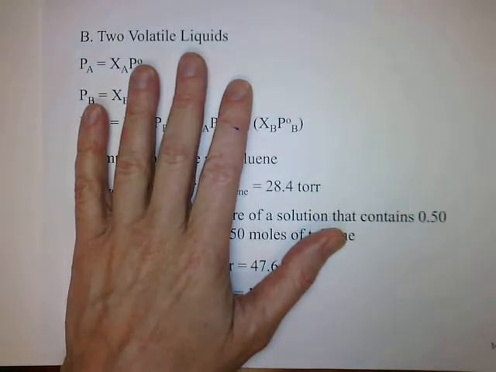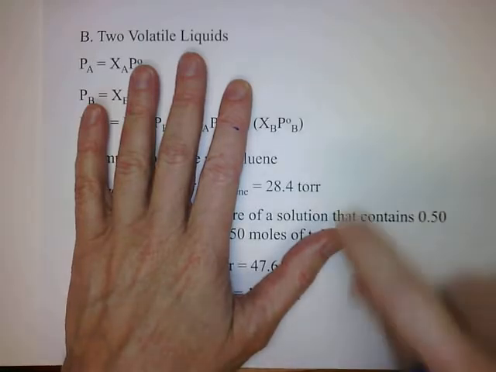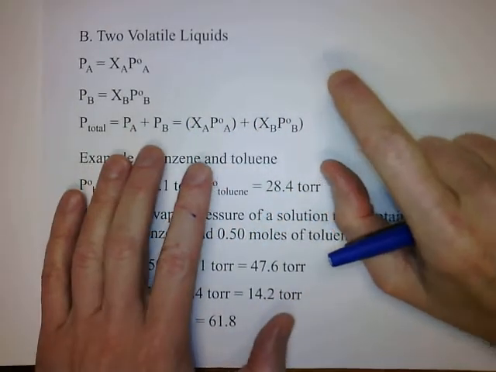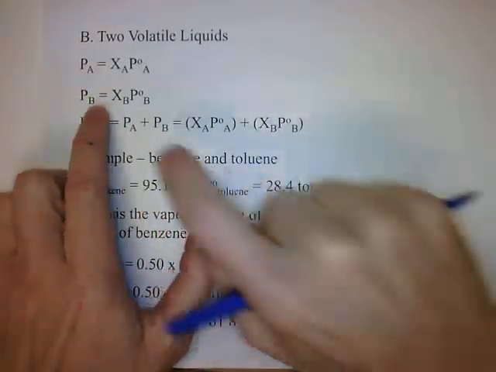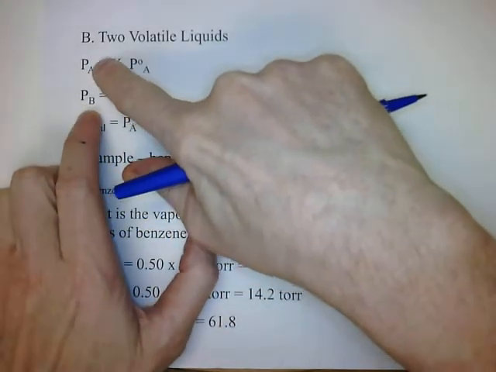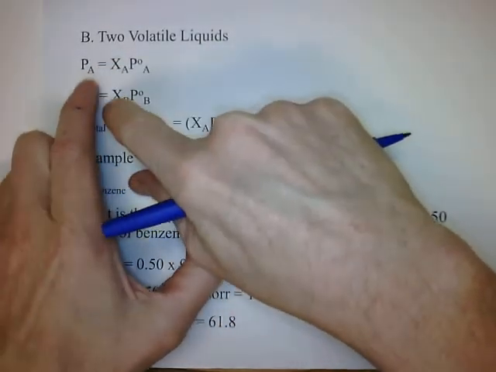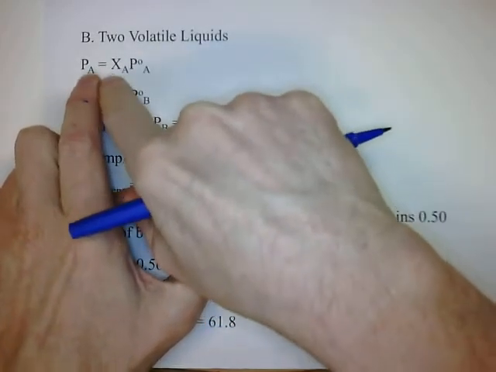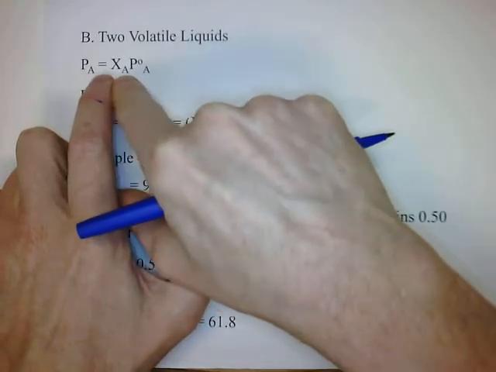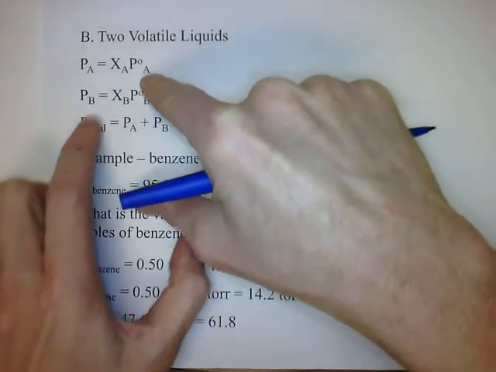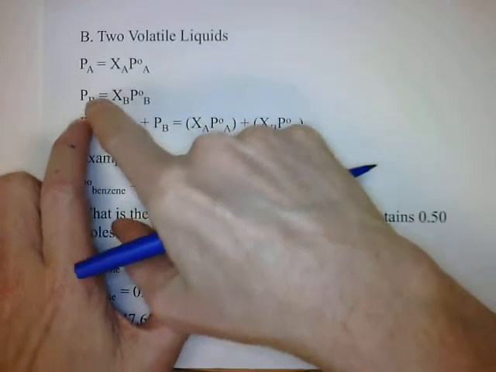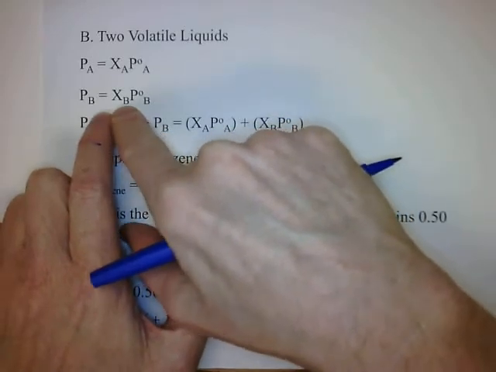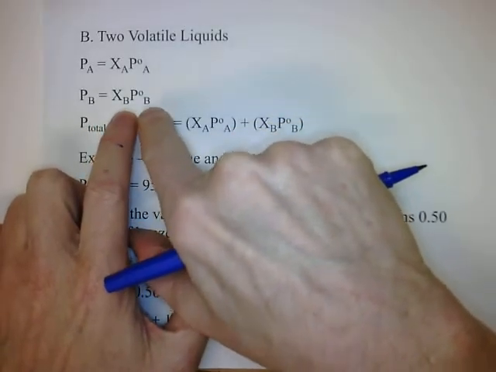So that calculation that we just did in the previous example, we're going to have to do that twice and then add the two numbers together, right? So the vapor pressure, we'll just call our two components A and B. The vapor pressure of component A is the same as in the previous example, the mole fraction of A times the vapor pressure of pure A, and the vapor pressure of component B is the mole fraction of B times the vapor pressure of pure B, right?